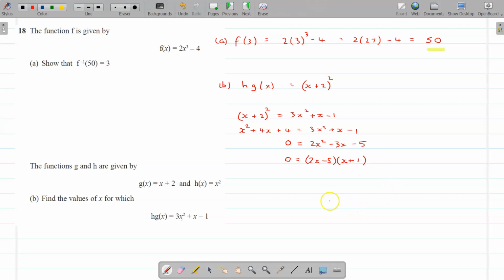Which means that the values of x are, from the first bracket, 5/2, or 2.5, and from the second bracket, negative 1. And they're the two values of x that solve that equation.